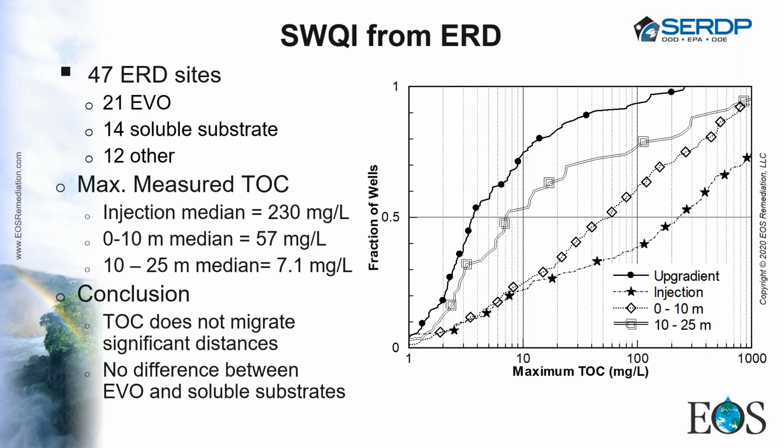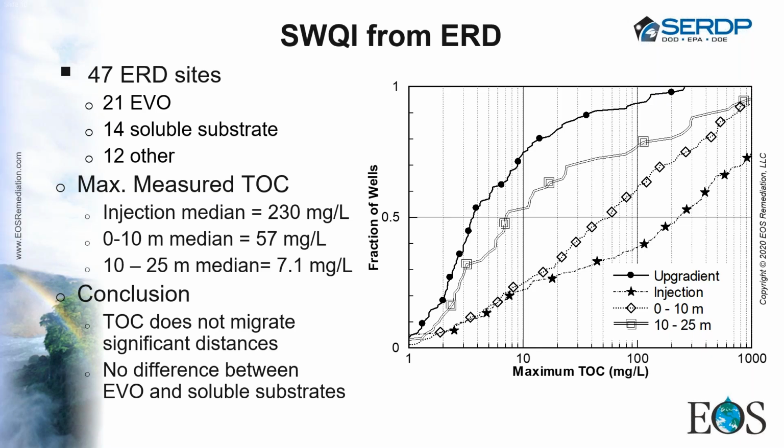I know a lot of people talk about that, but at least the data we have says you're really getting good TOC numbers right in the vicinity of the injection zone, and hoping that it's going to migrate significantly down gradient is probably not going to happen.